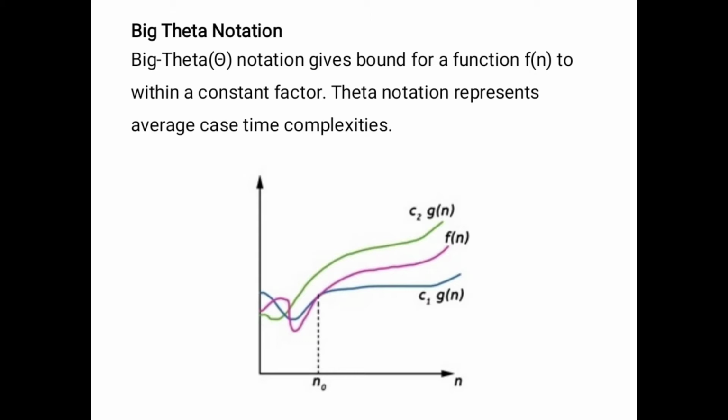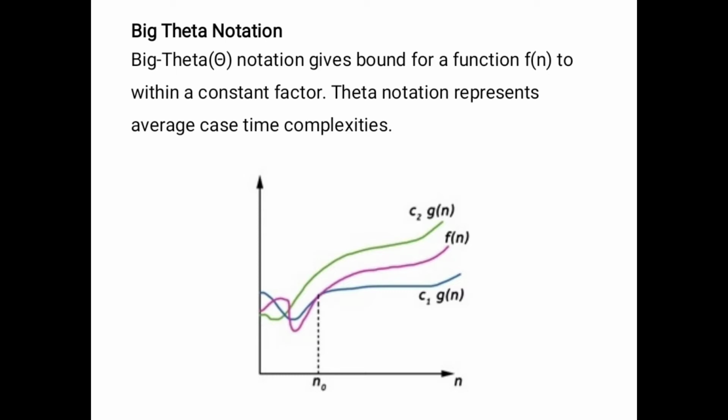So in this case, big theta notation is bounded by both of these functions to form the big theta notation. Just to see the definition, theta notation gives a bound for function f of n within a constant factor. So theta notation represents average time complexity. Average time complexity means the middle amount of time.